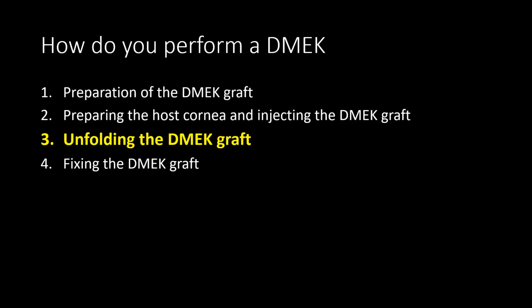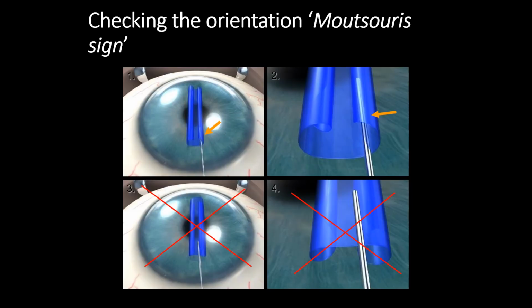The next stage is where you unfold the DMEK graft in the patient's anterior chamber. This is actually the most difficult step. The DMEK graft tends to roll into a scroll, so what you're trying to do is to unroll the scroll in the patient's anterior chamber. So you're going to need to check that the orientation of the graft is correct.